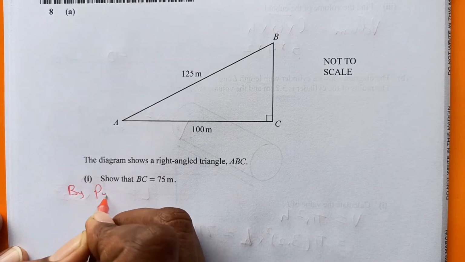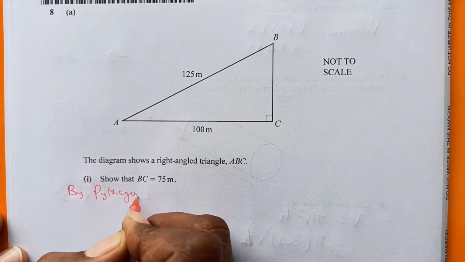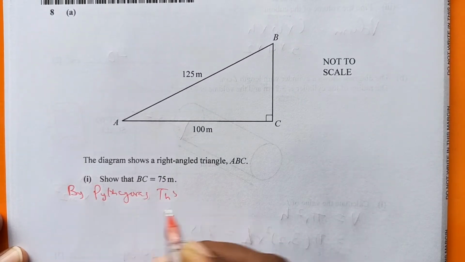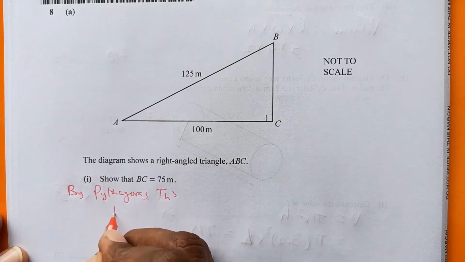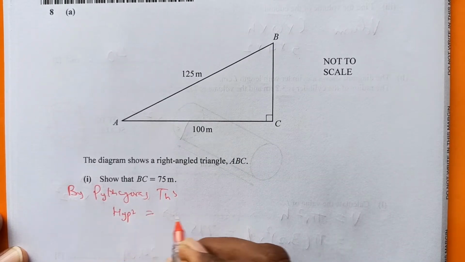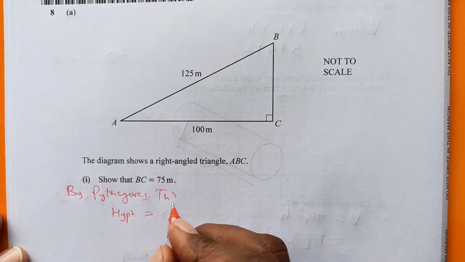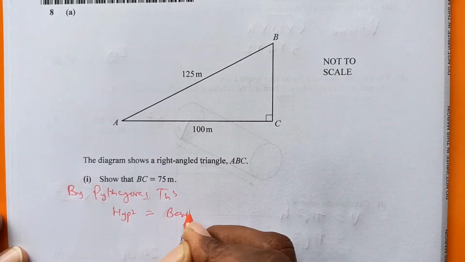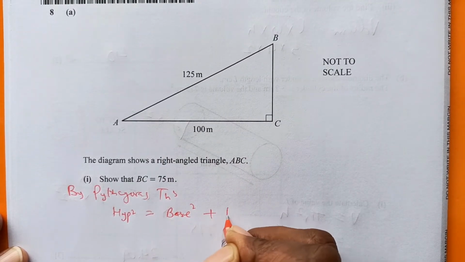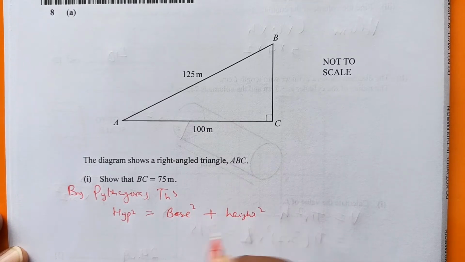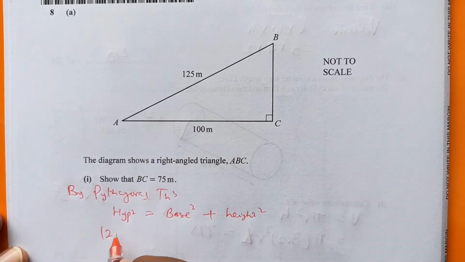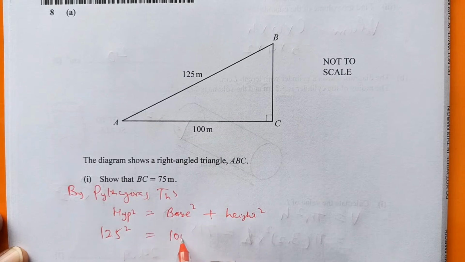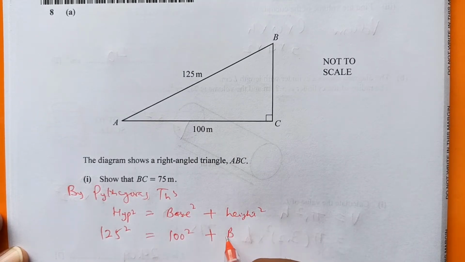By Pythagoras theorem, we have hypotenuse square equals to base square plus height square. Hypotenuse here is 125, base is 100, and height is BC.